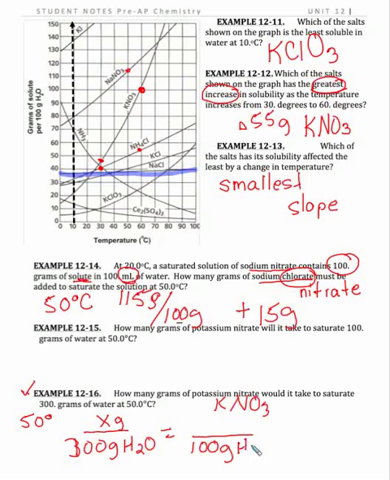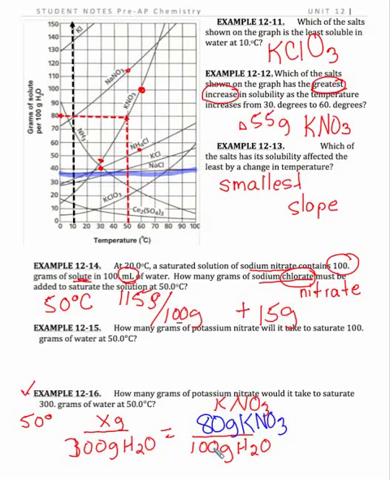It reads for 100 grams of water. So what I do is I go to 50 degrees here, and let me make that visible there. I'm going to go to 50 degrees. I'm going to go up to KNO3, and I go over and I find that 80 grams will dissolve in 100 grams of water at 50 degrees Celsius.